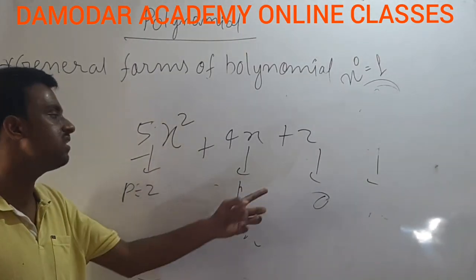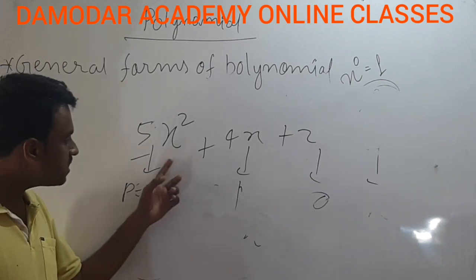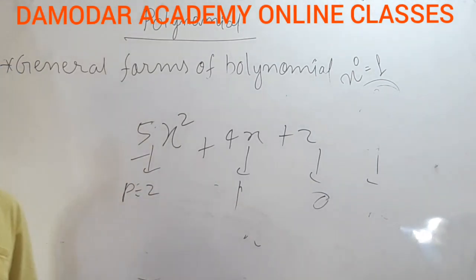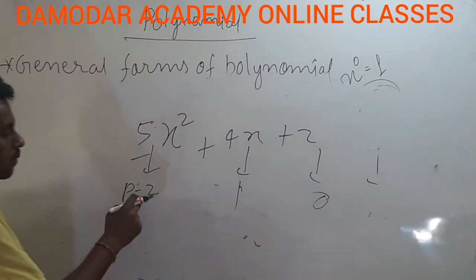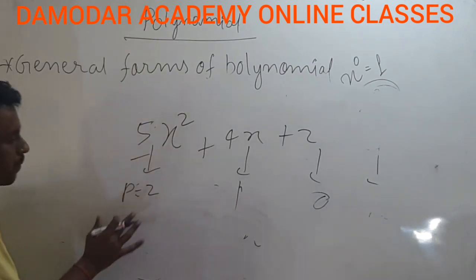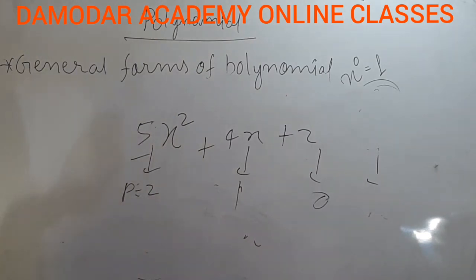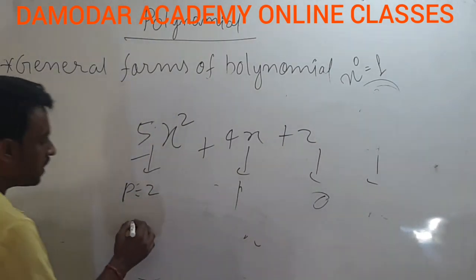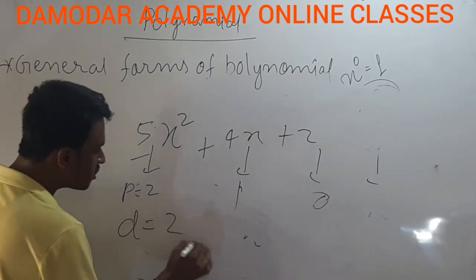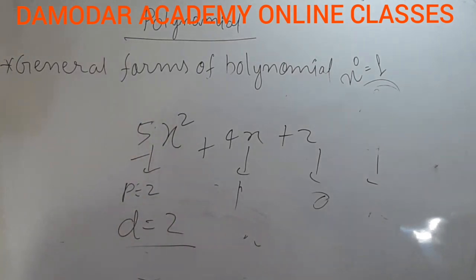And what is the variable in this expression? In this expression, x is the variable. Okay? Now, after looking at the power of each term, we will compare the powers of the terms, and the greatest power is simply said to be the degree. So the degree is equal to 2. Okay.